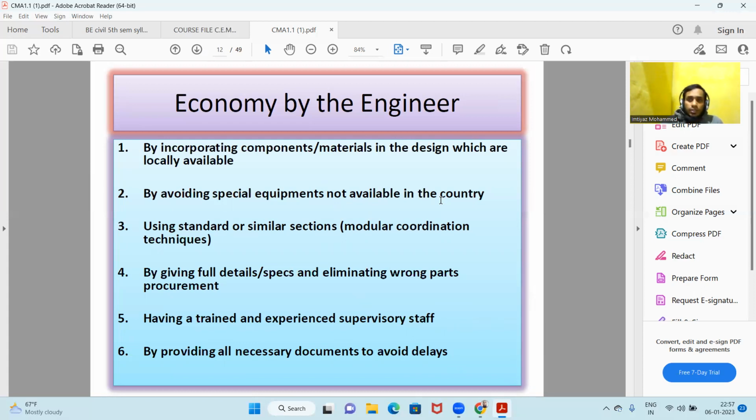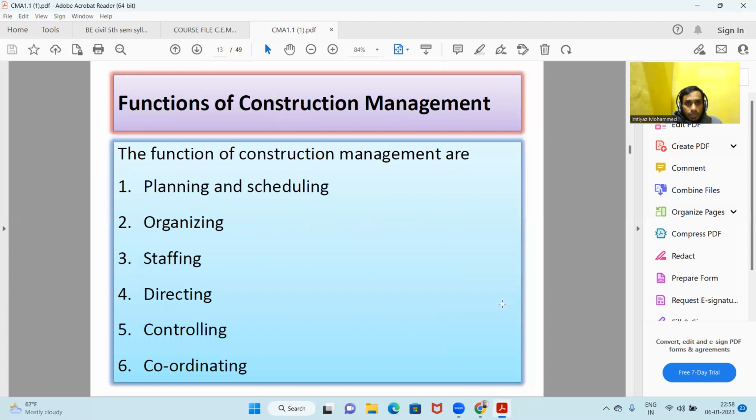We are not going for material which is available in other parts of India, because that leads to transportation costs, and then it becomes costly in the long run. So we are trying to procure locally available material, having trained and experienced supervisory staff, and having all the necessary documents to avoid delays.